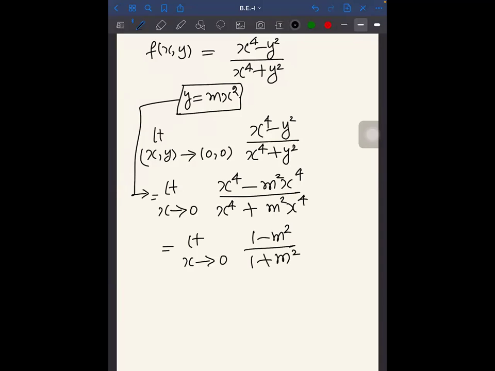In fact, we do not need the limit now, so this is simply (1 - m^2)/(1 + m^2). With the same argument, you are getting different limits, so the limit does not exist at that point. Is that right?